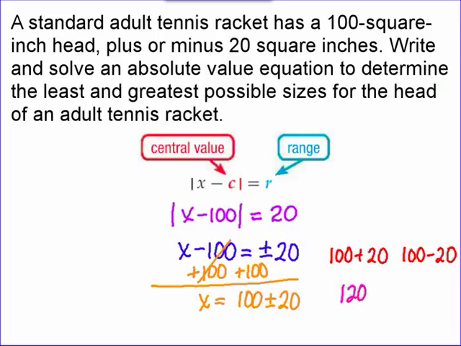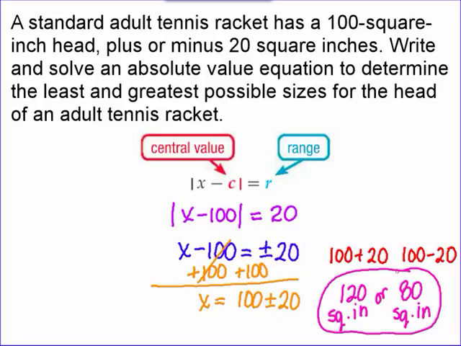I know that 100 minus 20 is 80. So the question was, determine the least and greatest possible sizes for the head of an adult tennis racket. So the answer will be 120 square inches, 80 square inches. There is your least and your greatest.